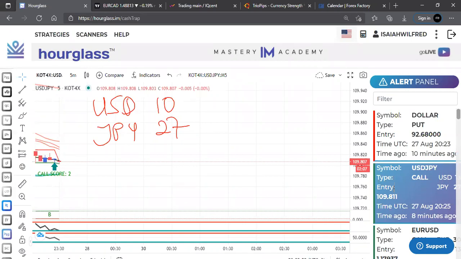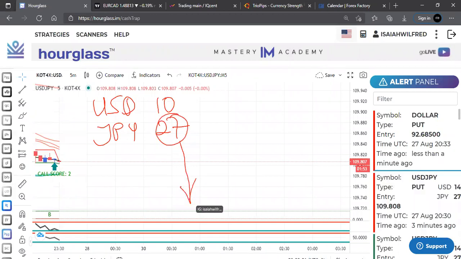But since JPY is stronger, the market is going to drop, because 27 will pull the market down; 27 is stronger than 10. So the market is going to sell. Therefore, we are looking out for put. Straightforward. Very easy.